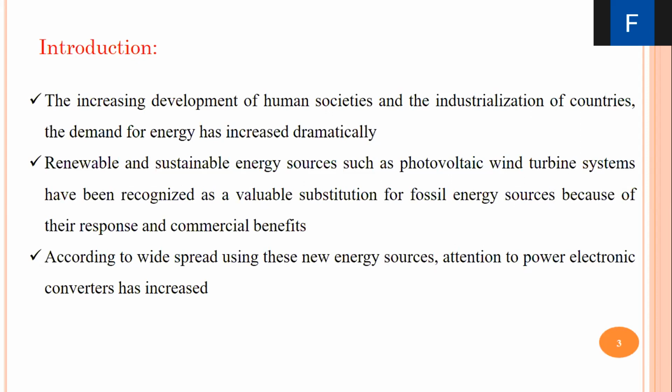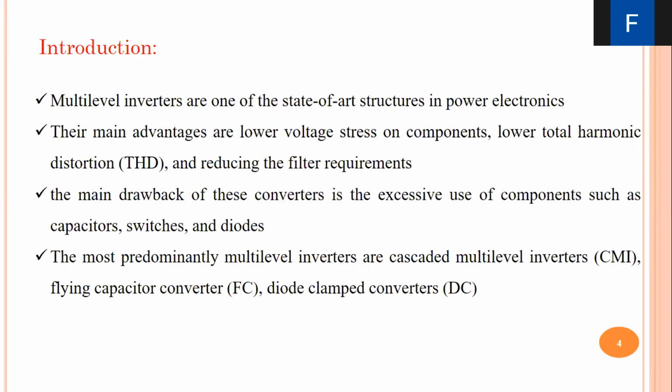And according to this issue, the use of power electronic converters has become more and more widespread in recent years, and one of the most important power electronics is the multi-level converter. As we all know, the output voltage of PVs is DC voltage.